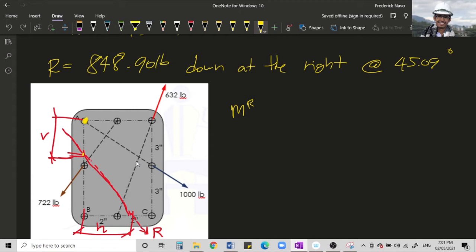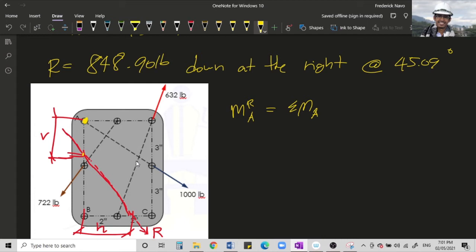So, moment of the resultant at point A is equal siya sa summation moment ng mga forces natin, ng tatlong forces natin about A din, okay? So, in this case, kung titingnan niyo yung ating resultant is dito yung kanyang intersection, di ba? From AB going to BC.